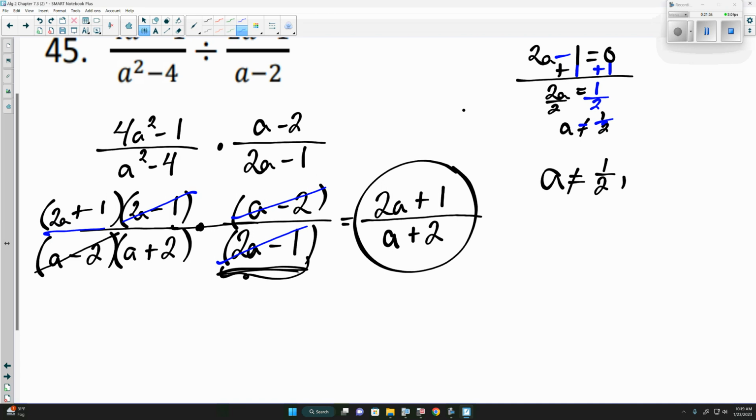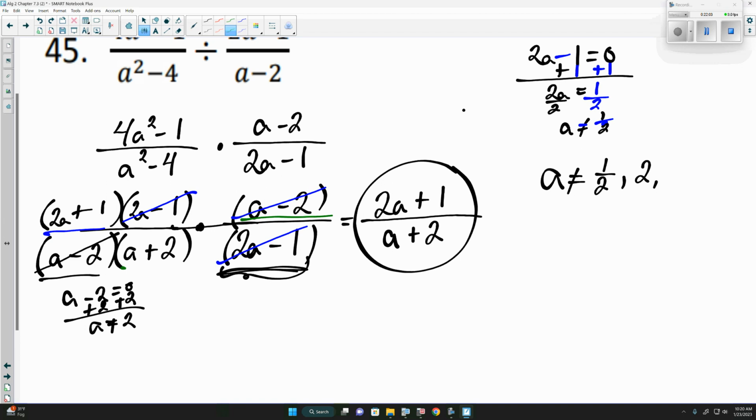You know a can also not be 2. Because for our a minus 2 equals 0, we would add 2 to both sides, telling us a cannot be 2. And that would also work for the numerator of the second, because we have the a minus 2 over there. So a cannot be 2 for it, but we only have to list it once.